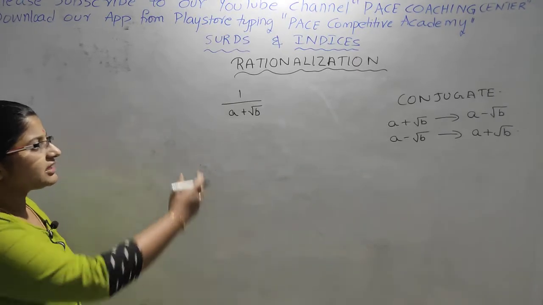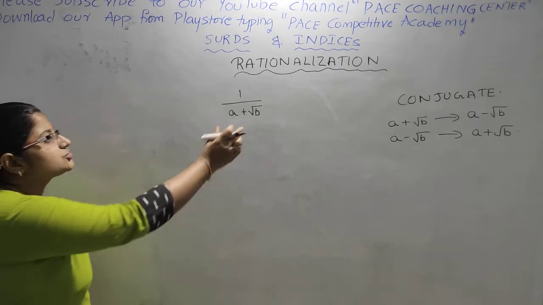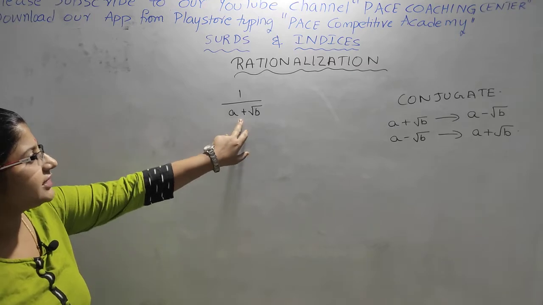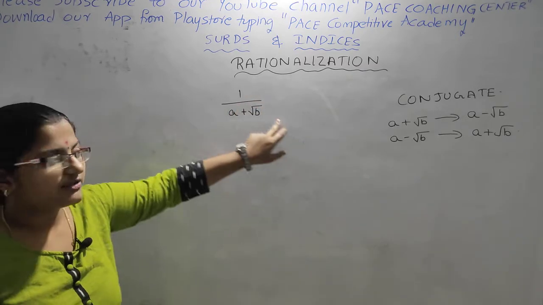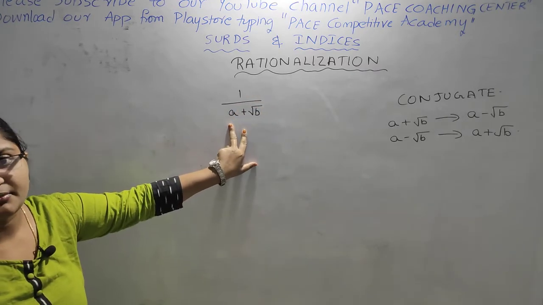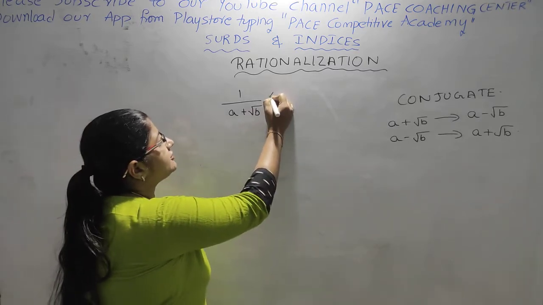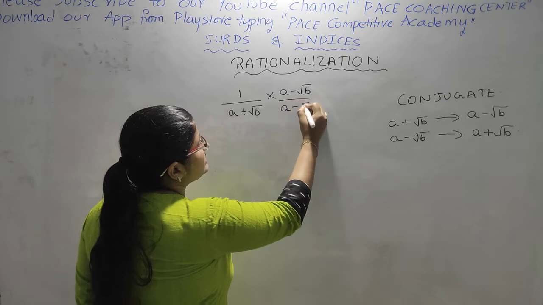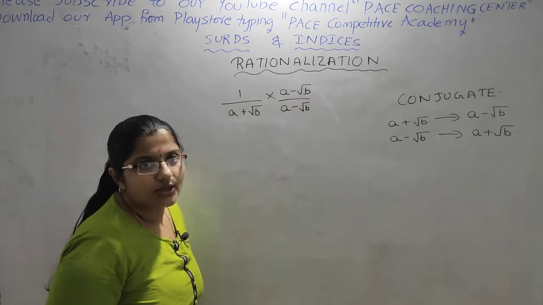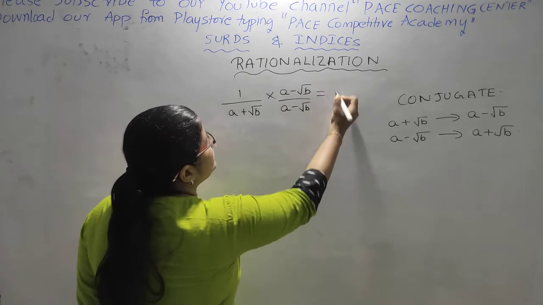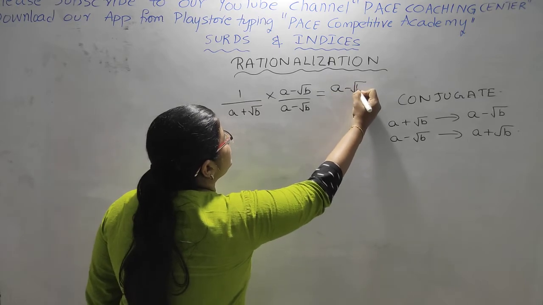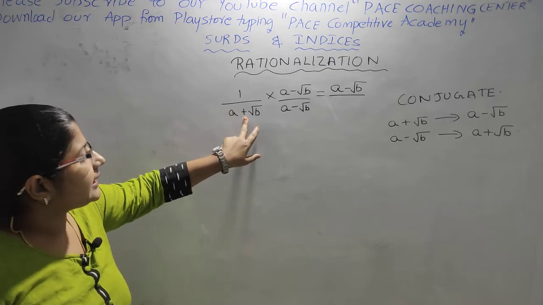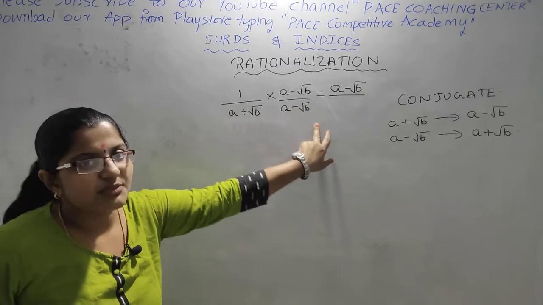Okay, the same thing we need to apply here. In order to simplify the denominator term, we need to multiply and divide with the conjugate of the denominator. So the conjugate of the denominator is a minus root b, divided by a minus root b. Which is equal to a minus root b divided by, this is of the form x plus y into x minus y.